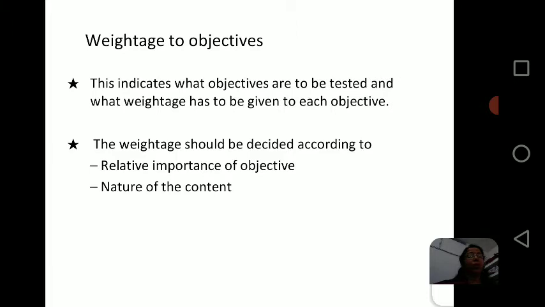Suppose these are the four levels of objectives, and the weightage should be decided according to the relative importance of the objective or the nature of the content. Here the content is balanced diet. You can give weightage to the knowledge level, understanding level, and the rest according to your choice, according to the importance of these objectives, according to the specific teacher.